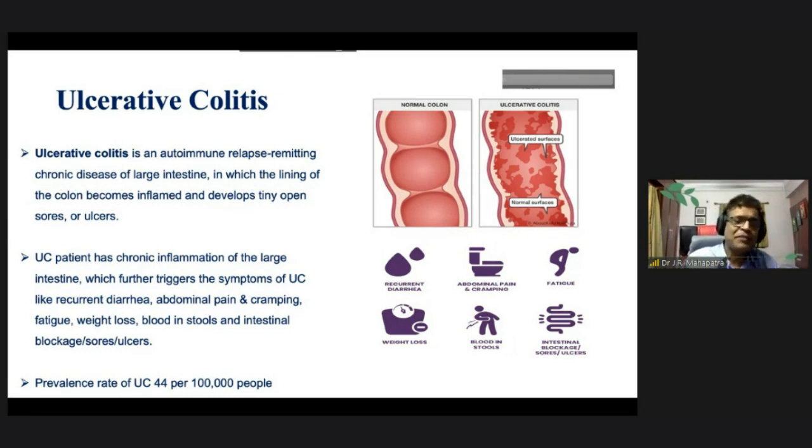As I already mentioned, the prevalence rate of UC is 44 per 1 lakh population. Look at this pictorial representation: this is how the normal colon looks, and when there is ulceration, loss of vascularity, edema, erythema, this is how ulcerative colitis looks on a colonoscopic view.